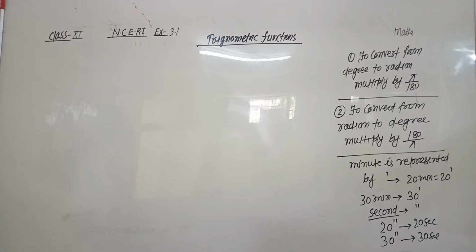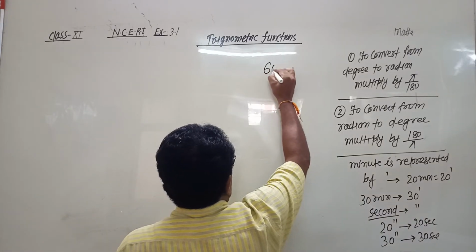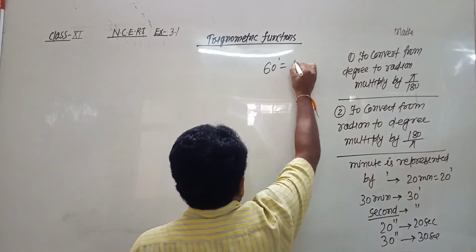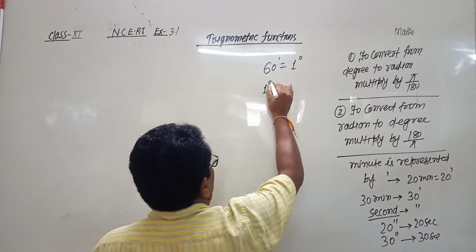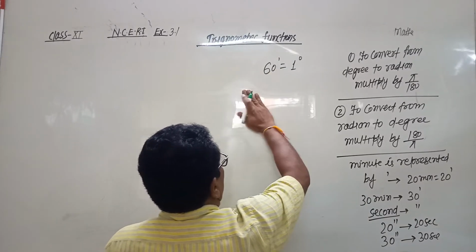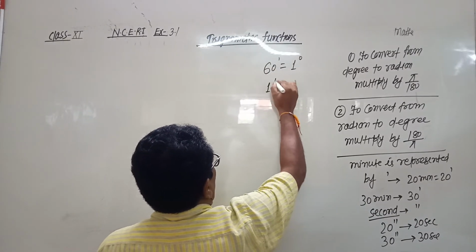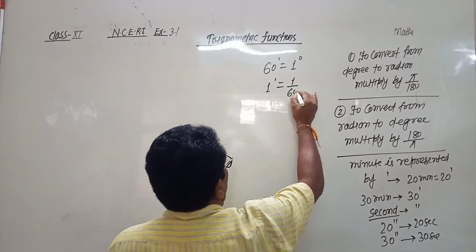And 60 minutes equals 1 degree. It means 1 degree equals 60 minutes, and 1 minute equals 1 by 60 degree.